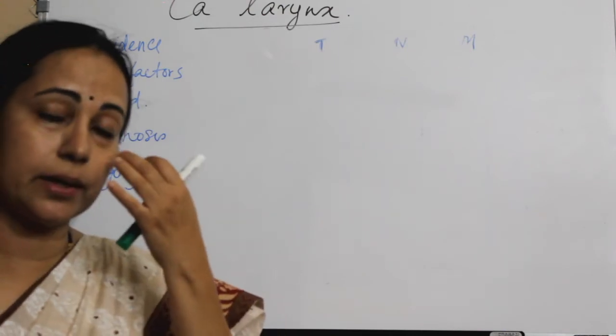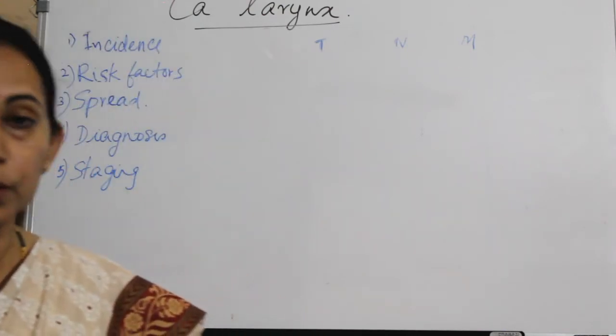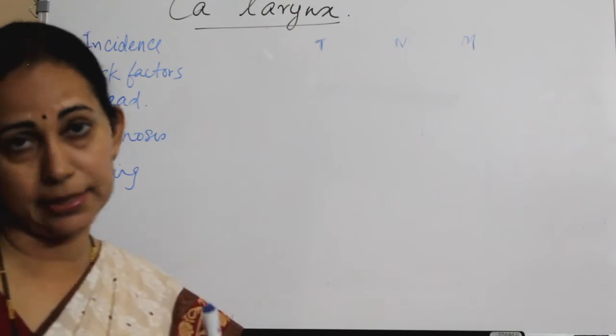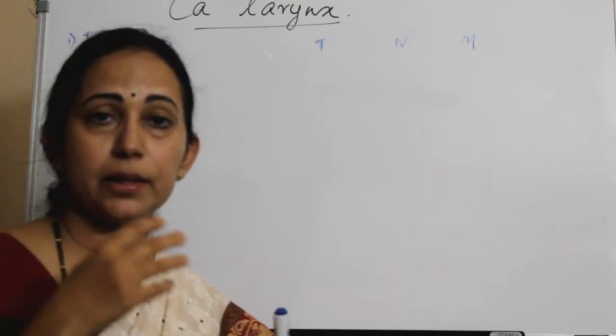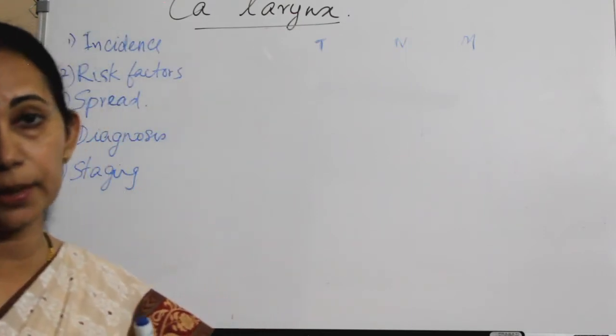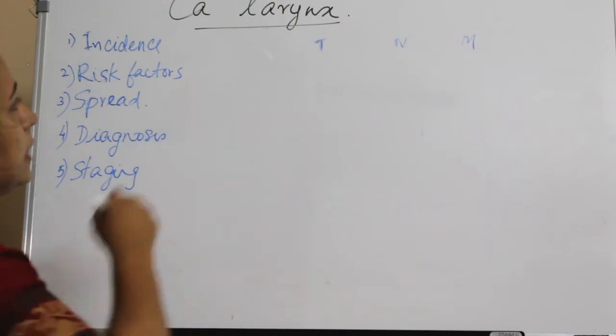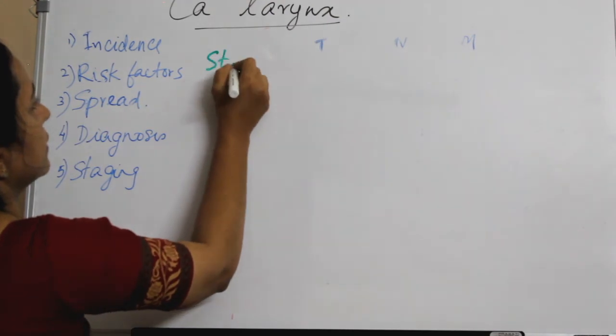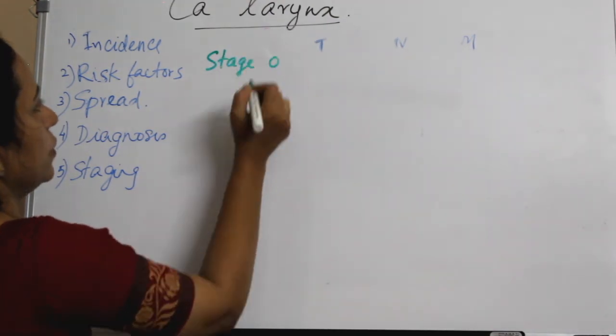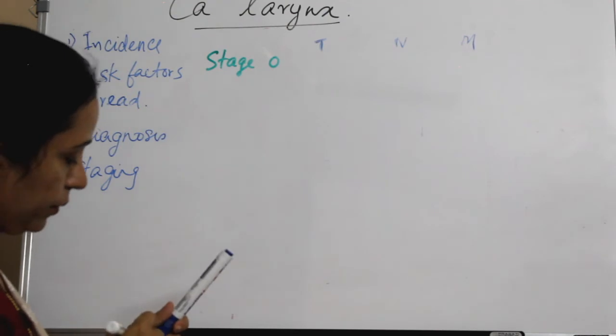Stage 4 is again divided into stage 4A, B and C. Okay, so that is disease staging. Depending upon the primary, nodal and metastasis status, the disease is staged from stage 0 to stage 4.